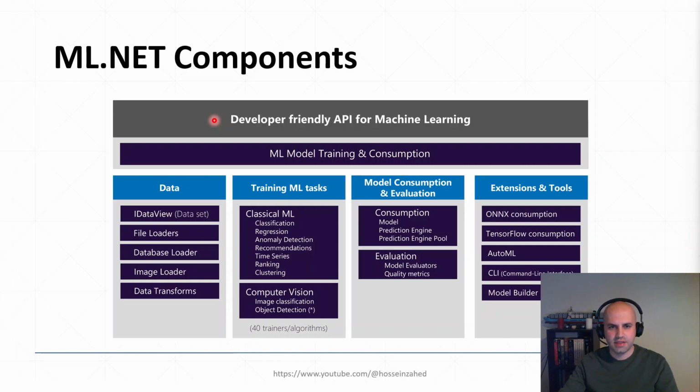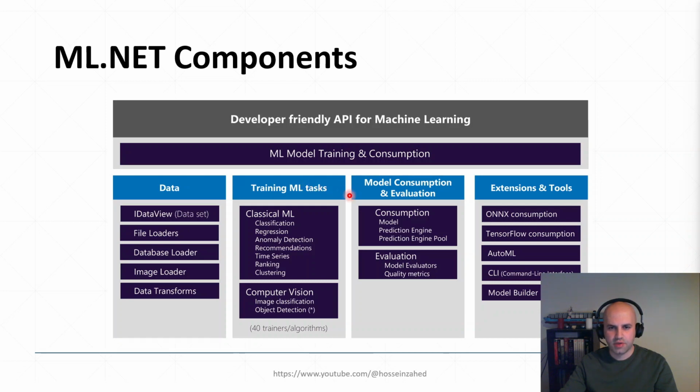ML.NET provides a developer-friendly API for machine learning. Under the hood, it includes several components in four major categories. The first category is related to data ingestion and transformers. The second one includes 40 trainers and algorithms for training ML tasks.